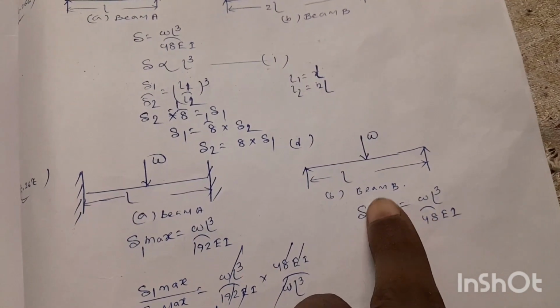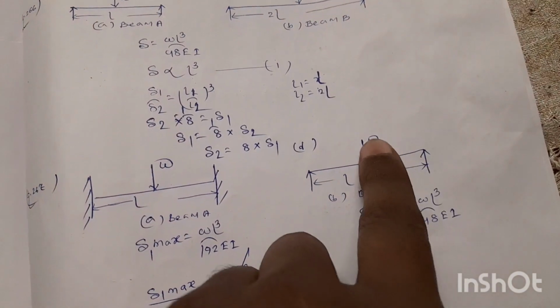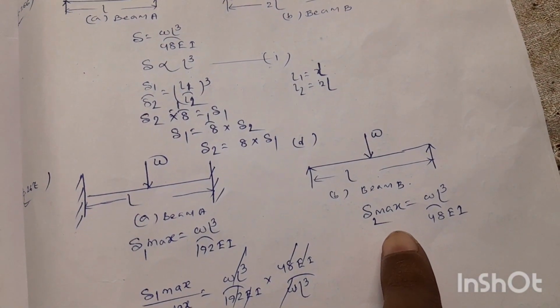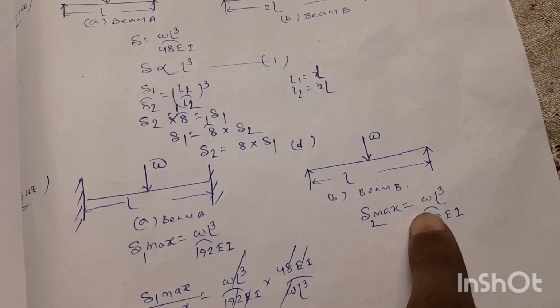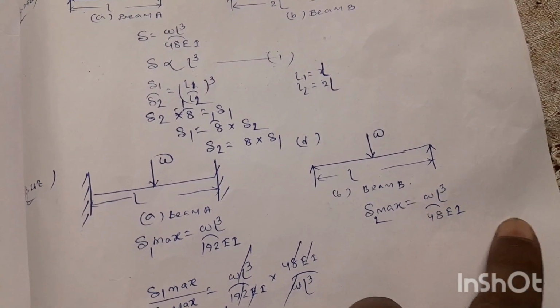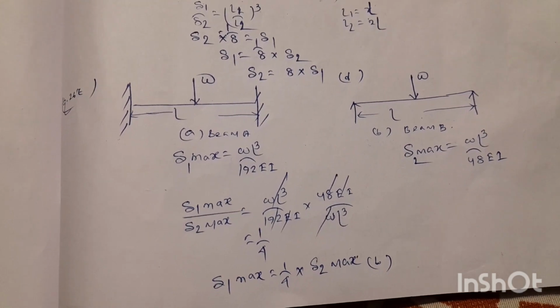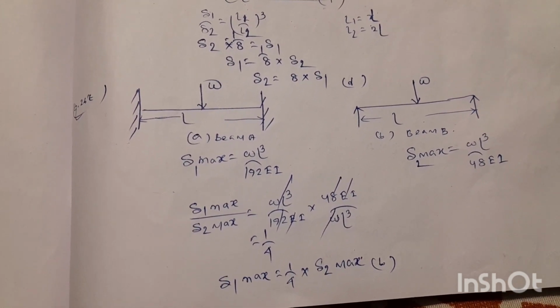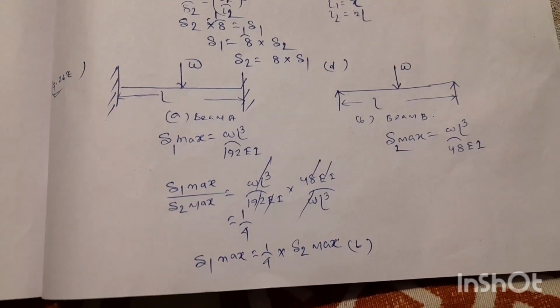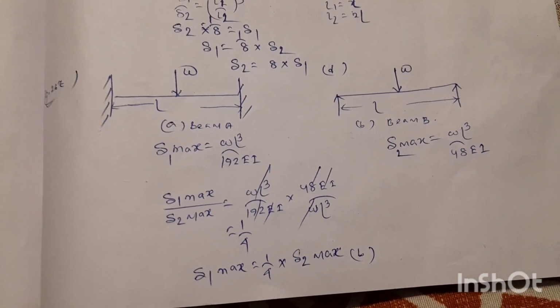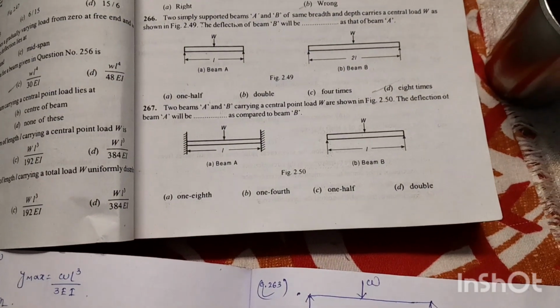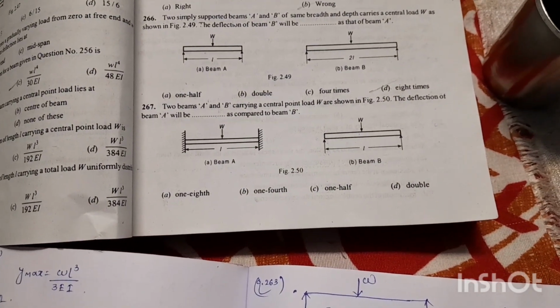And for beam B, which is simply supported beam subjected to a central point load W, the maximum deflection del 2 max will be WL cube divided by 48 EI. So if we make the ratio del 1 max divided by del 2 max, the value will be 1 by 4. So we can also write del 1 max equal to 1/4 into del 2 max. So for question number 267, option number B is the right answer.